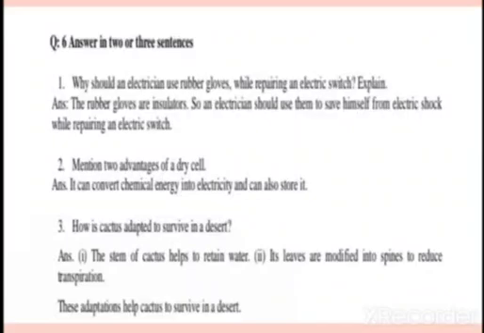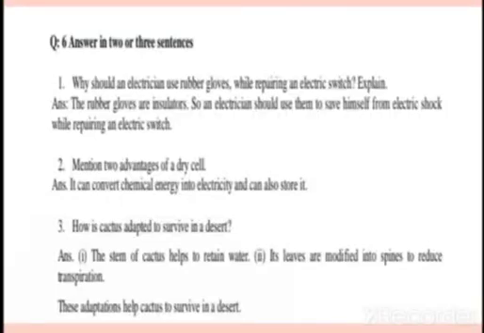So the stem of cactus is green in color and somewhat spongy, and cactus does not have leaves, or sometimes its leaves are modified into spines or thorns. So these two special features are there in cactus.